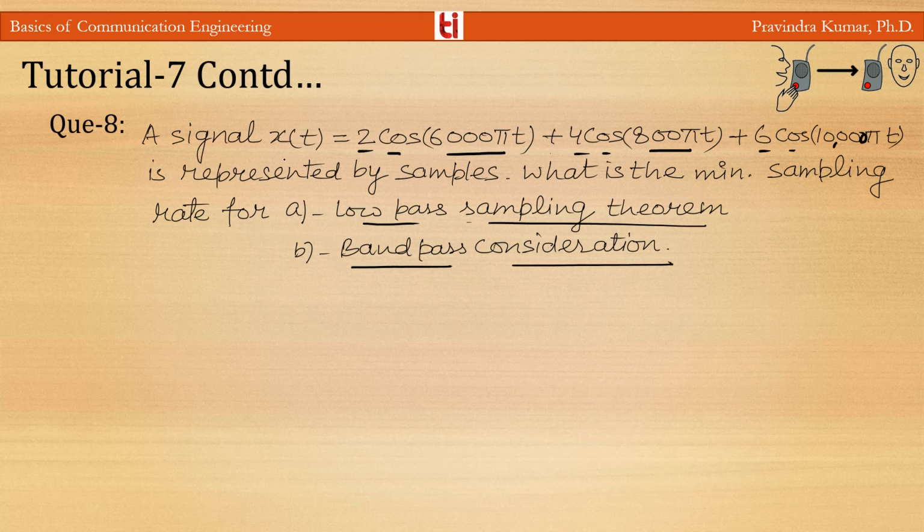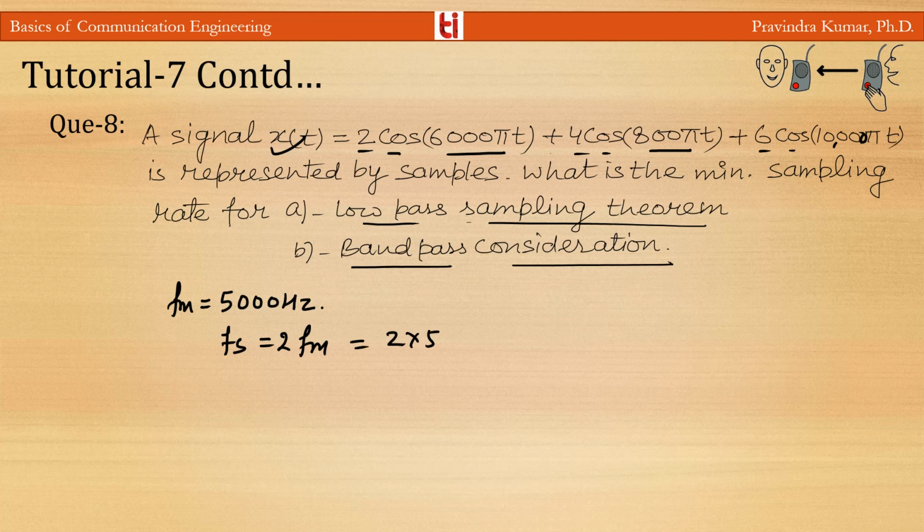So here from this signal x(t) we know the maximum frequency component fm is 5000 hertz. So, as per the low pass sampling theorem, the minimum sampling rate Fs will be 2 Fm, or 2 times 5000 hertz, which is 10 kilohertz.